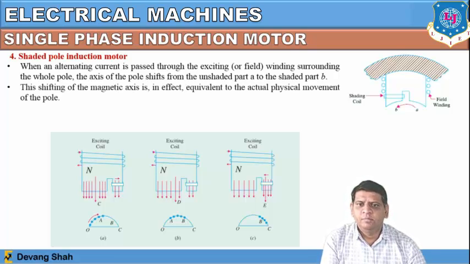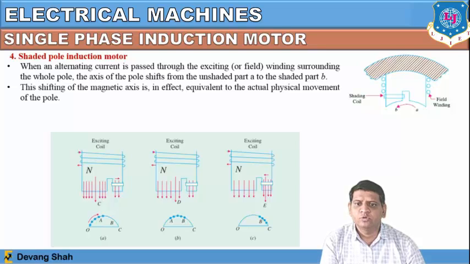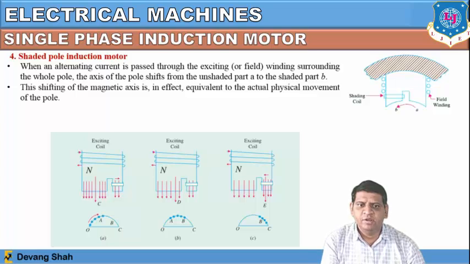Here you can see more flux is accumulated at this portion and very little flux is there. As the signal goes through the positive half cycle from O to A to B and B to C, you can see the amount of flux decreases here and shifts to this side. In the same way, once it reaches C, the flux is very small and more flux is generated at the shaded part.